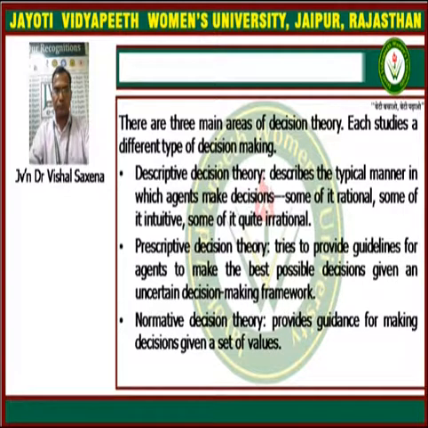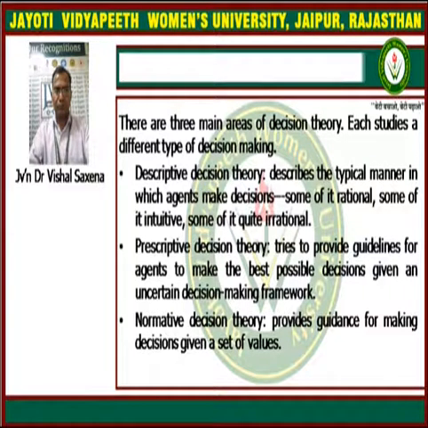Now we have three main areas of the decision theory field, and each studies a different type of decision making. The first one is descriptive decision theory, the second is prescriptive decision theory, and the third is normative decision theory.